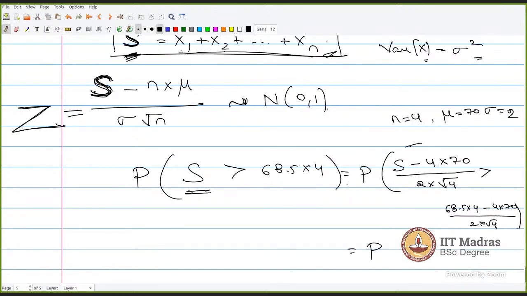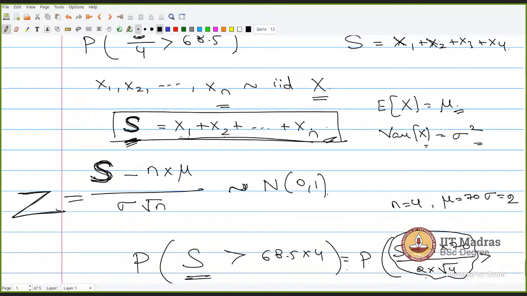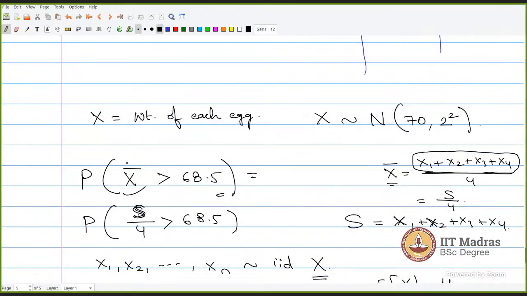So this is S minus n times mu by sigma root n. First and foremost, whatever the question asks about, here it is about x bar, the probability that x bar is greater than 68.5.